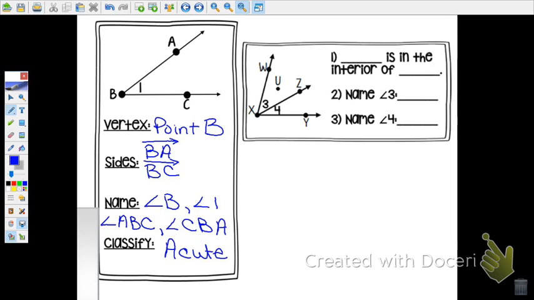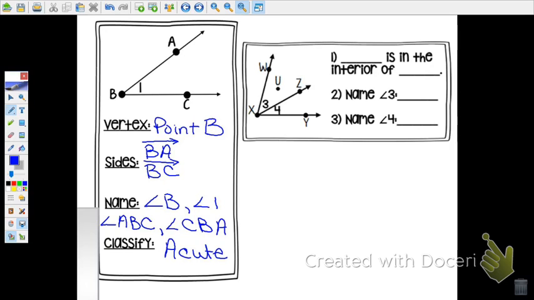When I look at this next piece, it's in the upper right-hand corner of the page in your interactive notebook. Here we've got several different angles in this picture. Number one says blank is in the interior of blank.